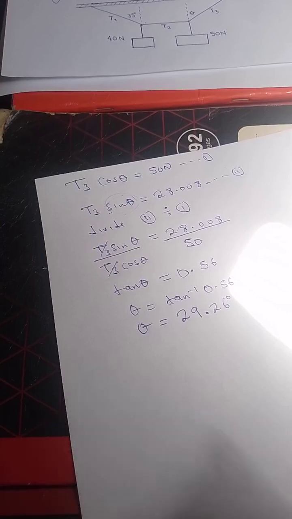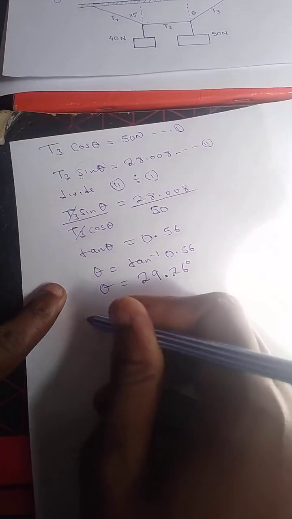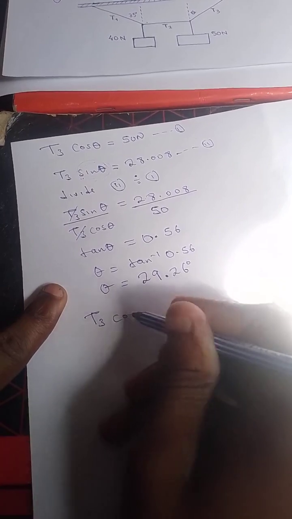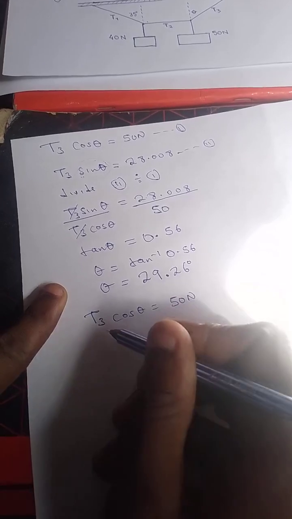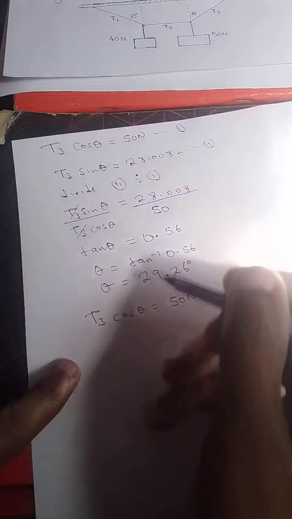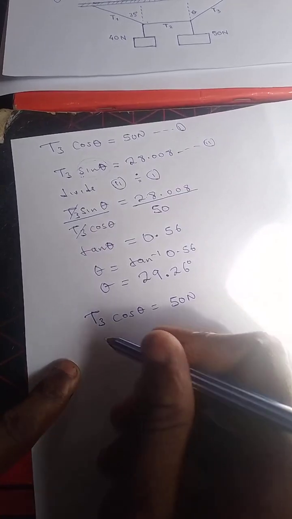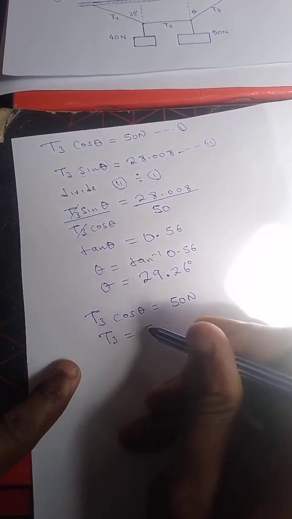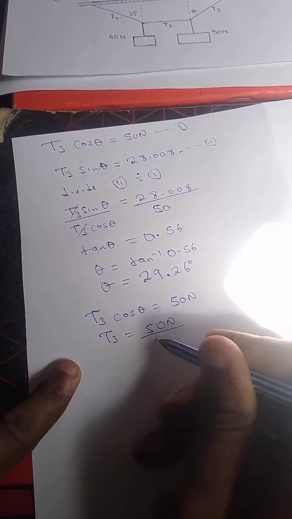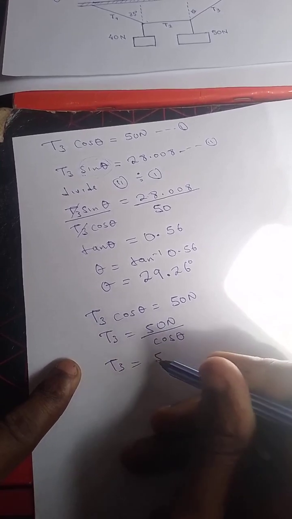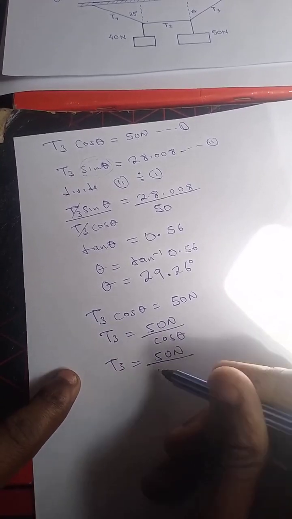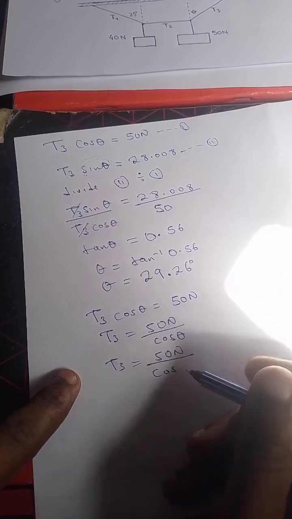We have T3 cos of theta equal to 50 newtons, which implies T3 must be equal to 50 newtons over the cos of theta. So T3 should be equal to 50 newtons over the cos of the angle, 29.26.